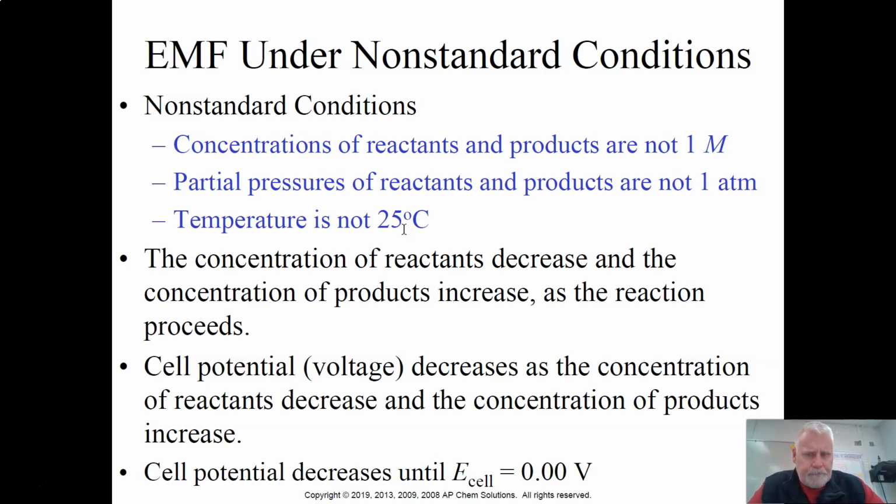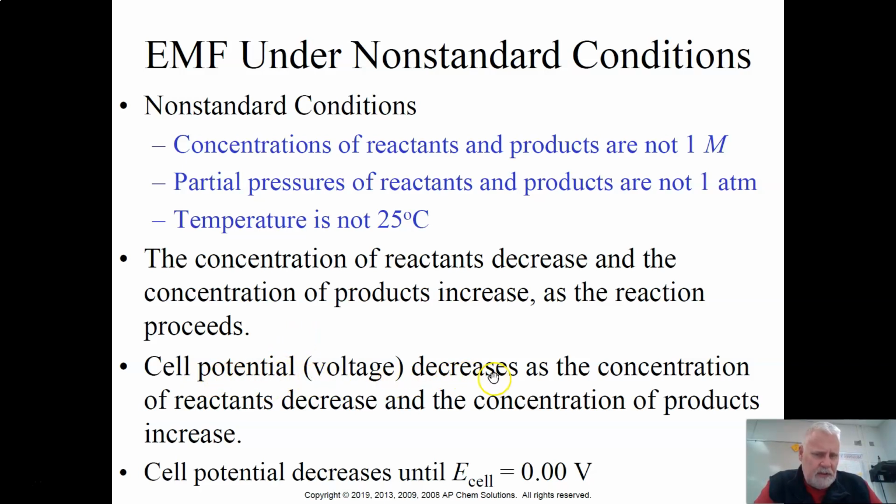So the concentration of the reactants decreases and the concentration of the products increases as the reaction proceeds. You just got to remember that you're going to get less and less of what's on the left side, more and more of what's on the right side in these reactions.